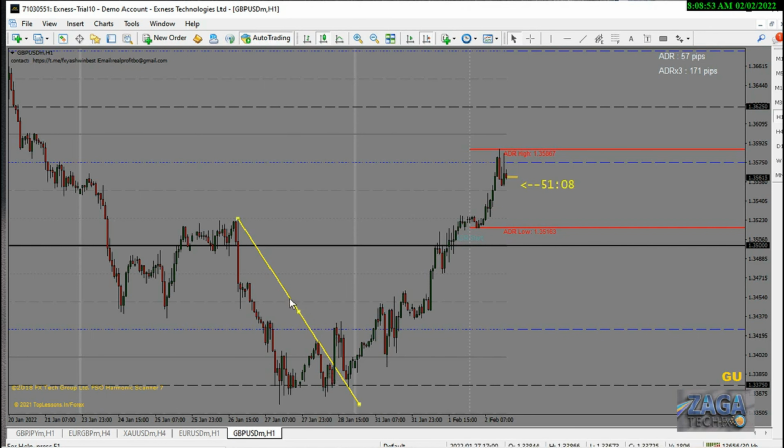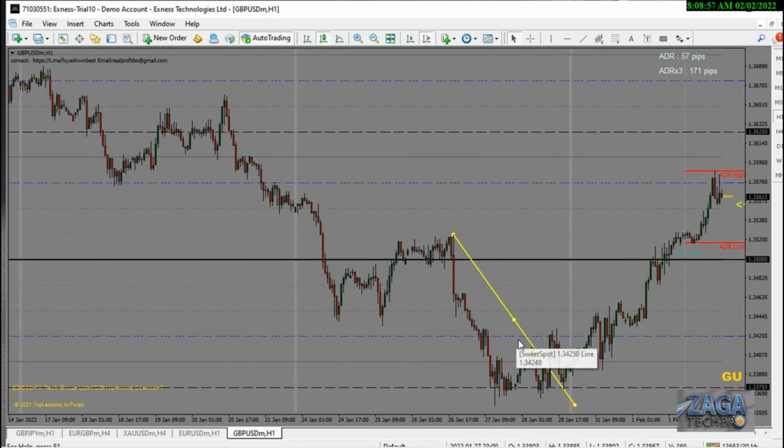Or another way for you to connect that is, for example, let me go back again and connect this trend line again. To draw a bullish trend line, remember I said it's going to come from up and do what? Slope downwards before you get a bullish trend line. So let's take this high here, or this one here, and connect it to this high here.